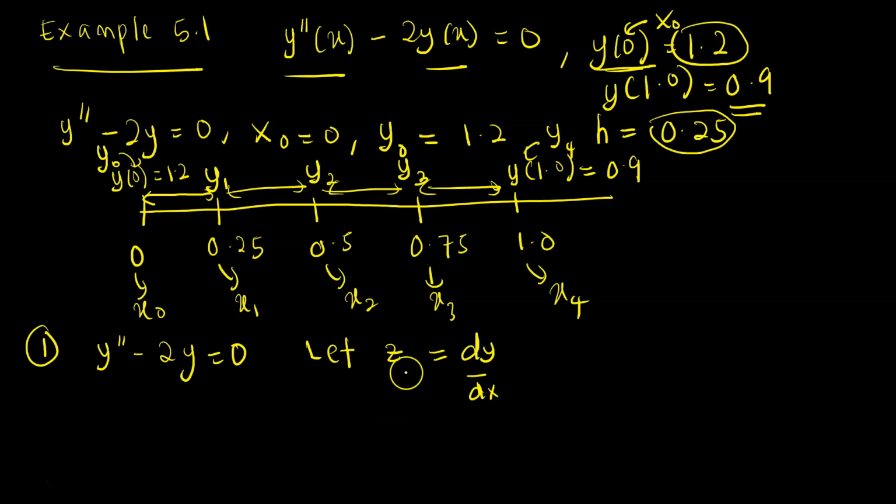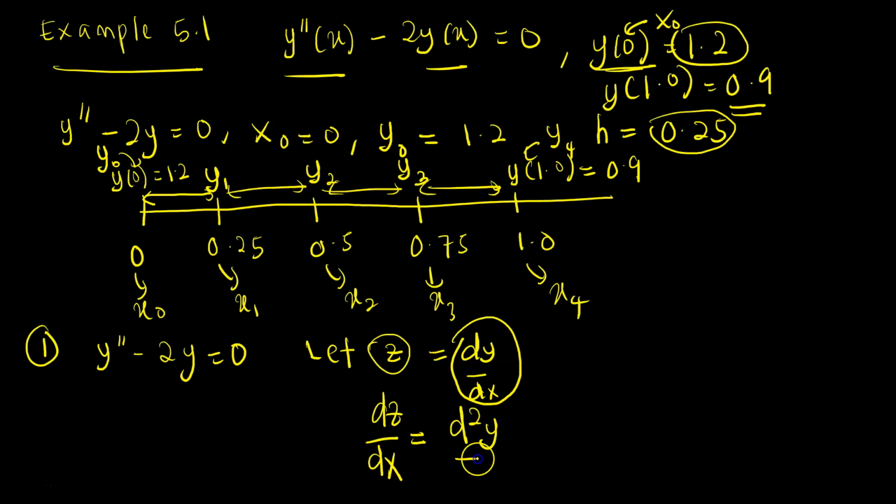And then when I differentiate this z, I will have dz/dx equal to, I need to differentiate the other side also, the second derivative of y with respect to x. Here, class, if I write again, I have dy/dx equal to z.